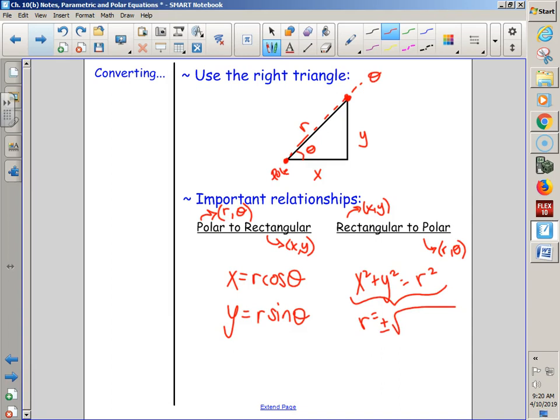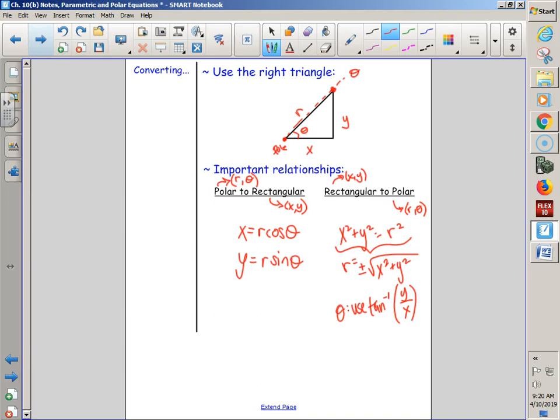I can have a positive r get somewhere, or I can have a negative r with a different angle get to the exact same place. So technically we are able to let r be plus or minus. And then for theta, I'm going to use tangent inverse of y over x.